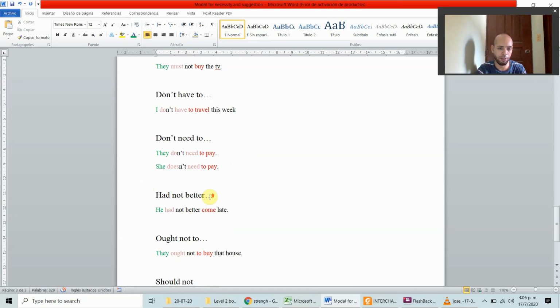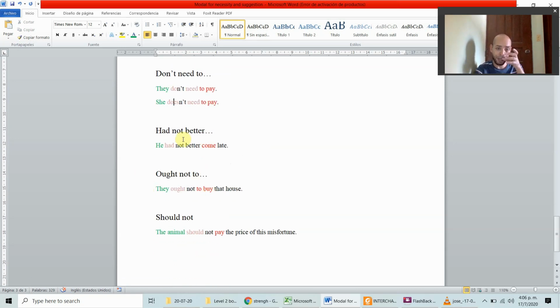Had not better. For had better, we use had not better. He had not better come late. The subject, the auxiliary had in this case, and the verb come. Ought not to.